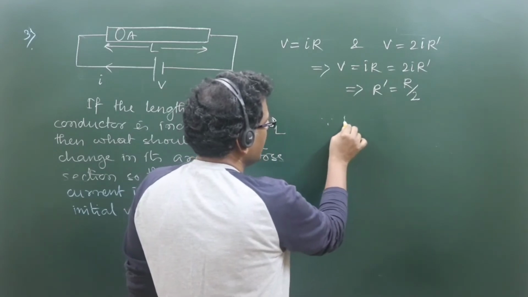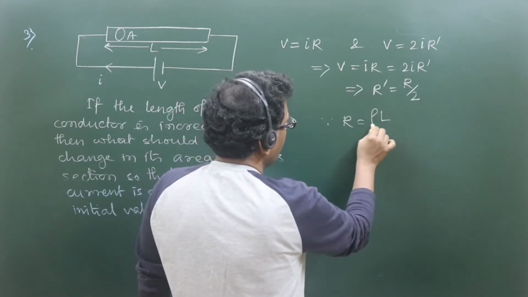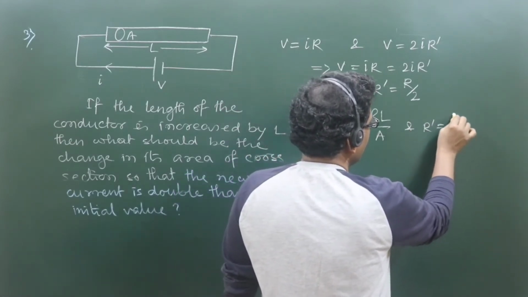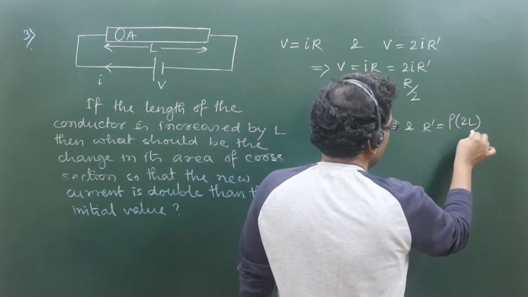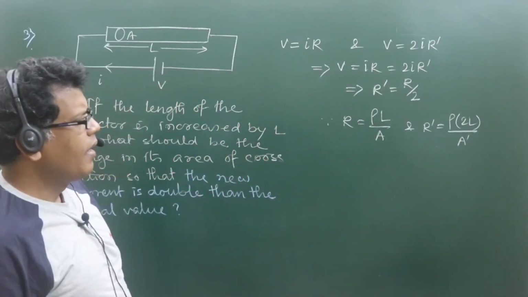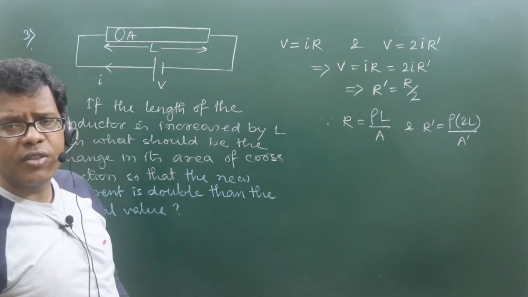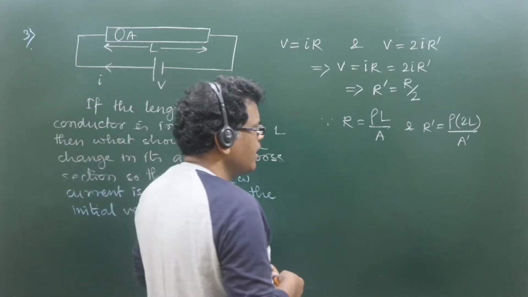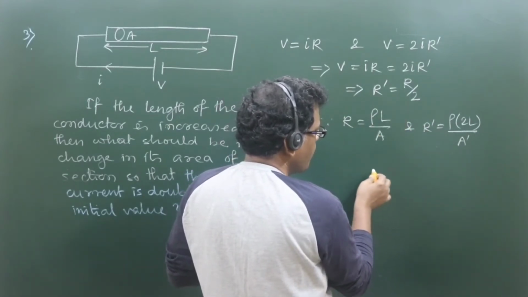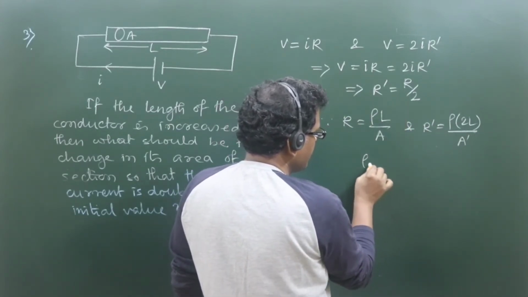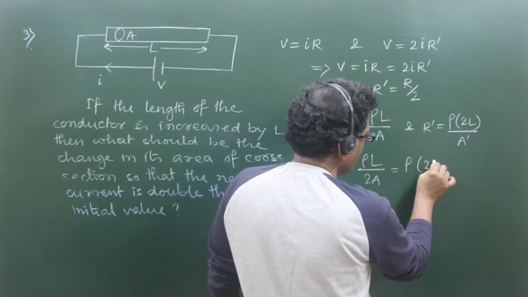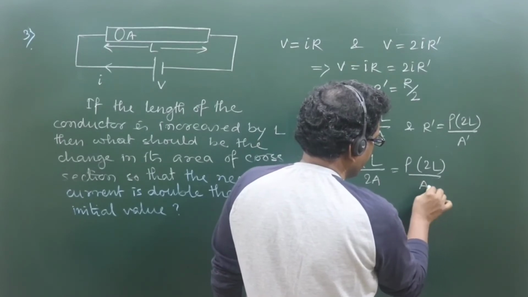So the initial resistance was rho L by A, and the final resistance R dash will be rho into 2L by A dash. Is that okay? Assuming the final area of cross section to be A dash, we have got the result R dash is equal to R by 2. R by 2 means rho L by 2A, that is equal to rho into 2L by A dash. Are you getting me or not?